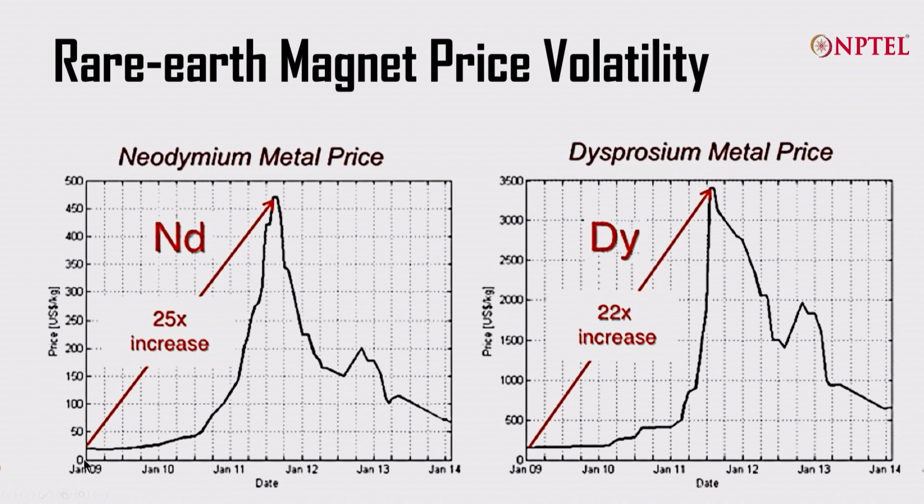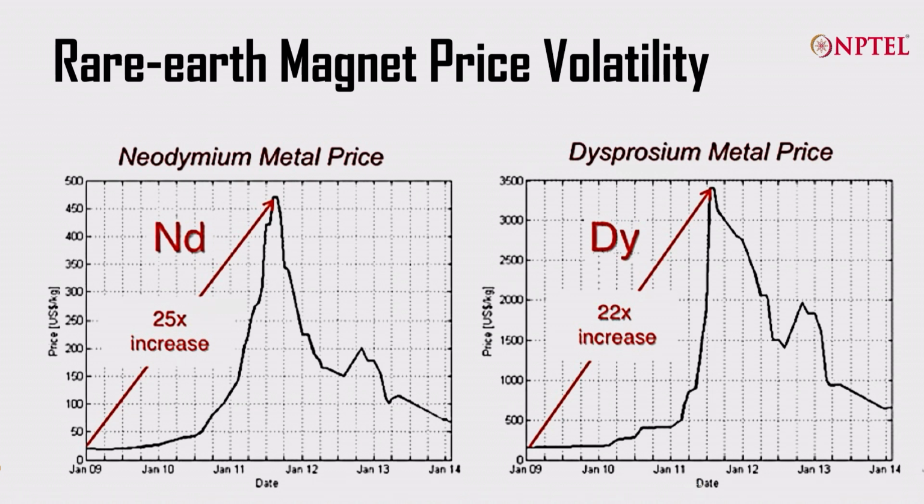You can see that in a span of something like from 2010 to 2011, in a period of 1 year, the price went up from something like 25 to 450. So, nearly 20-fold increase or 25 times increase in price, very rapid, and then again it came down, again it will go up. So, it is not possible for you to plan properly if you do not know what the price tomorrow is going to be.